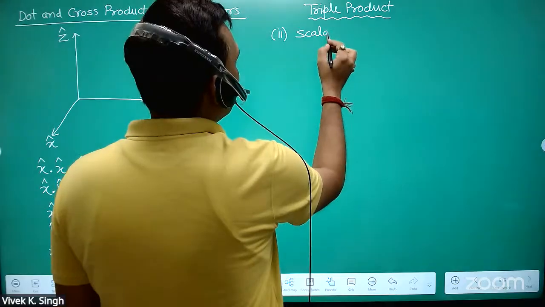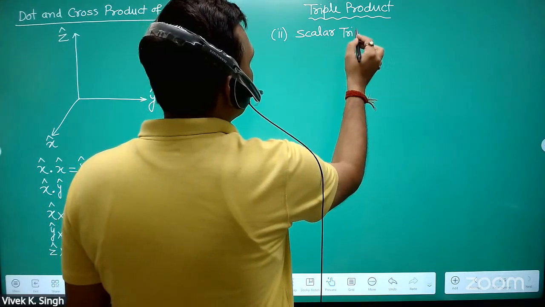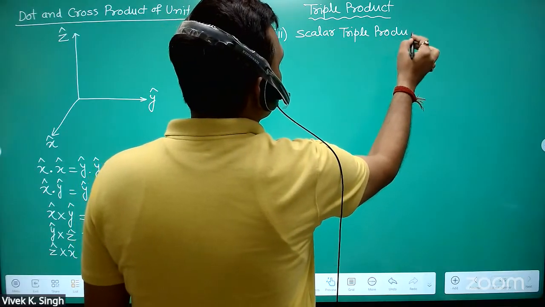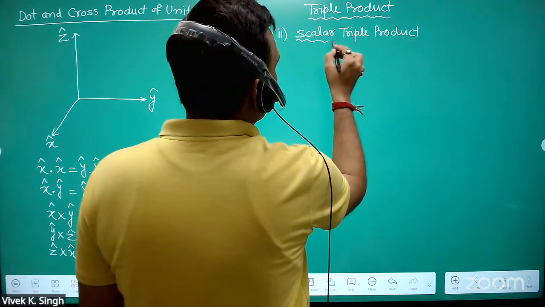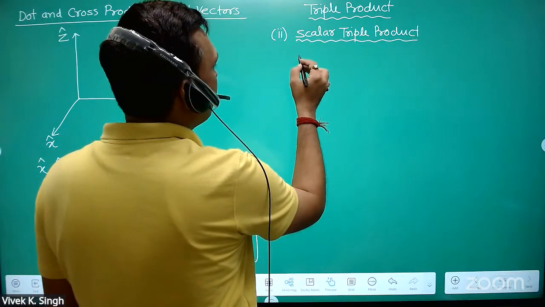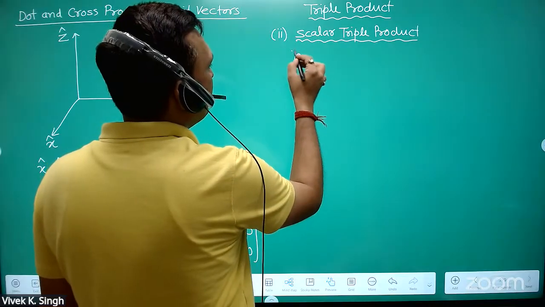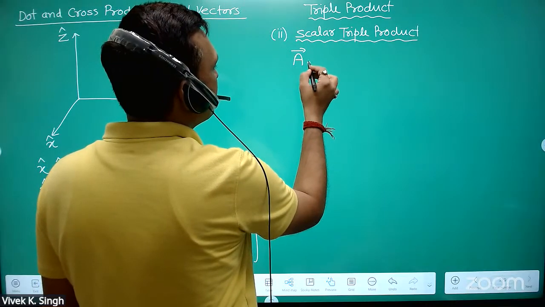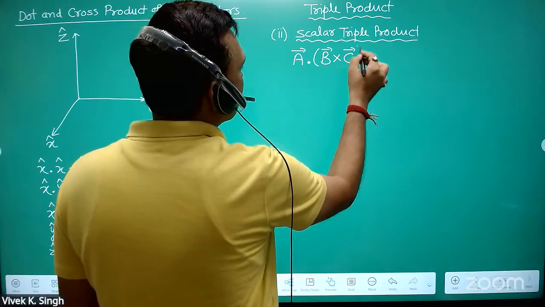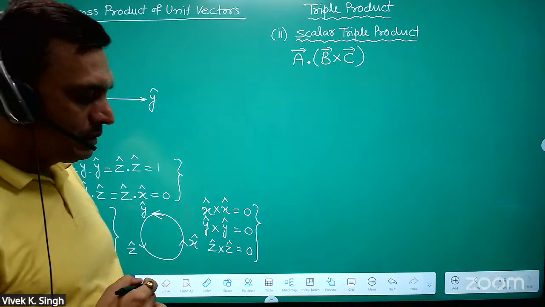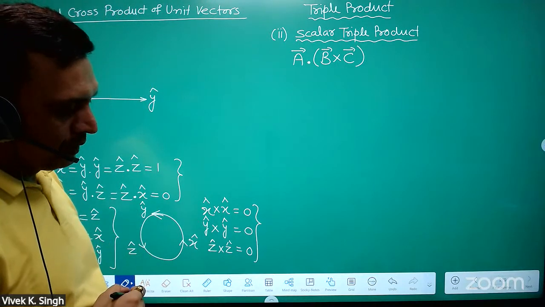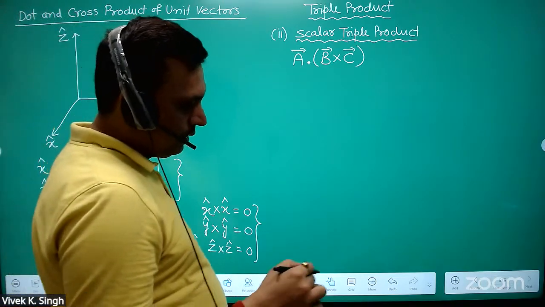Let's say you first take the cross product of B and C. So the scalar triple product is A dot B cross C. And how to calculate it?